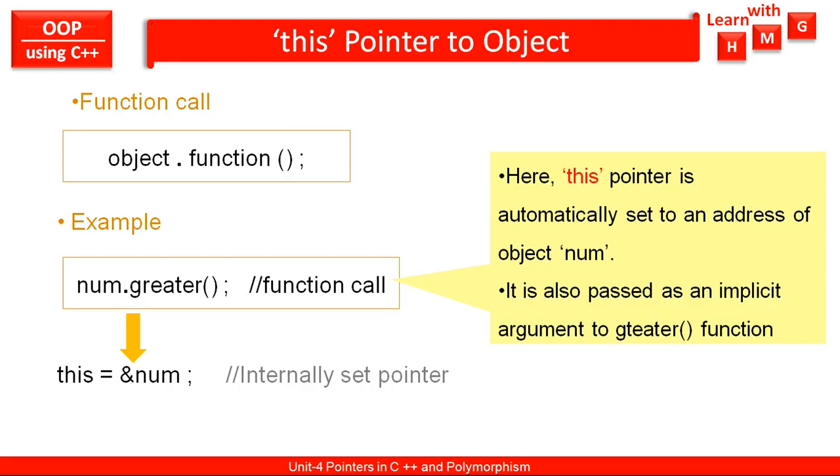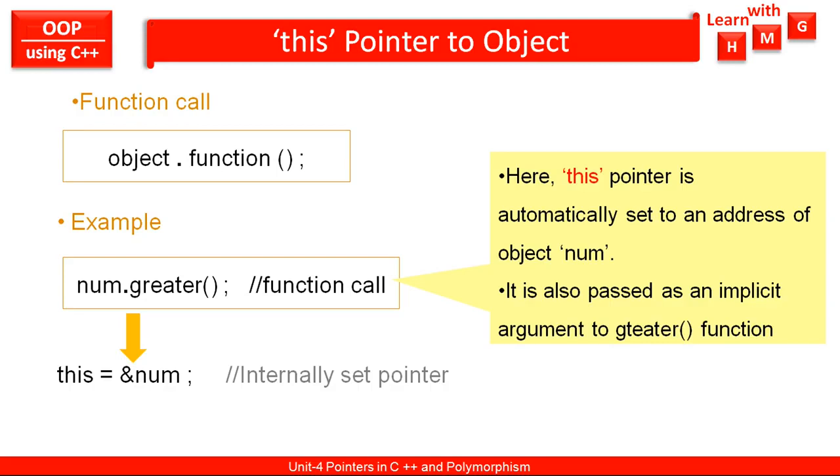Whenever any pointer is initialized with an address, the general syntax we follow is pointer is equal to address of object, or address of variable, or address of the initial element of an array, etc. So the same format is used here also, that is, this is the name of the pointer which is fixed and it is initialized with the address of the object.